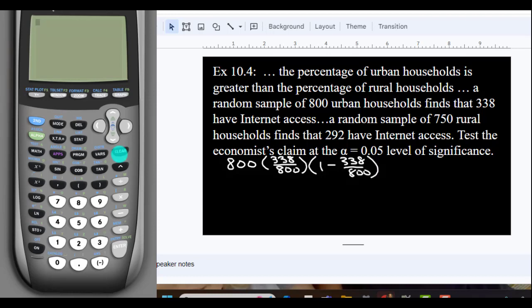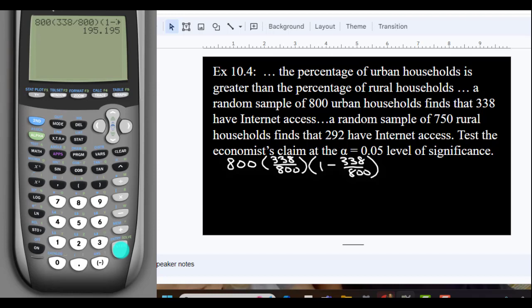We want that to be greater than or equal to 10, so let's double check. 800 times 338 divided by 800, times 1 minus 338 over 800. And as I guessed, it is much higher than 10, so we're good there.